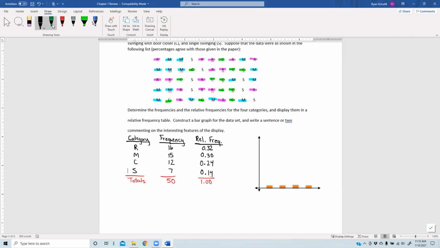So down here is our type of door. And we're just going to label our bars R, M, C, and S. Okay. Our title would be Fire Doors at Plant Facilities. I mean, that's what this graph shows.